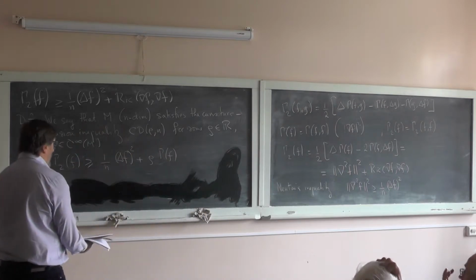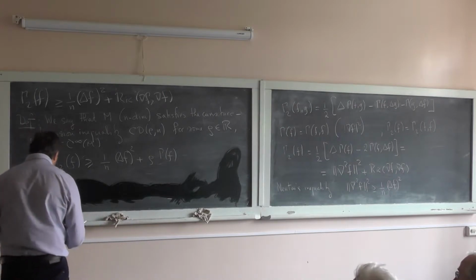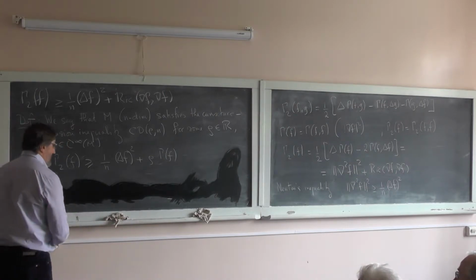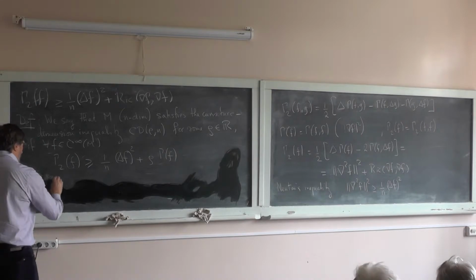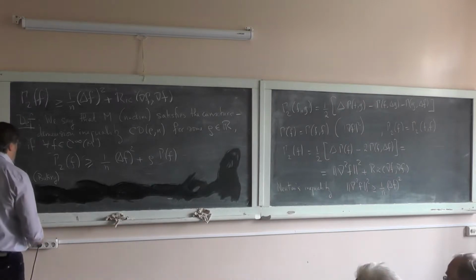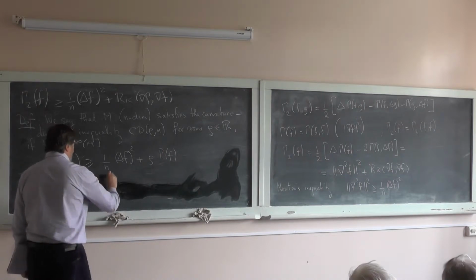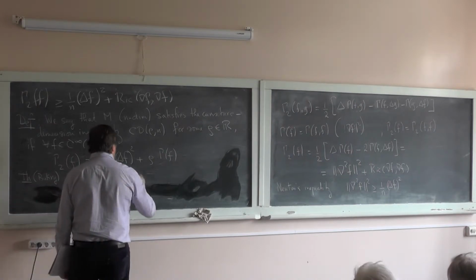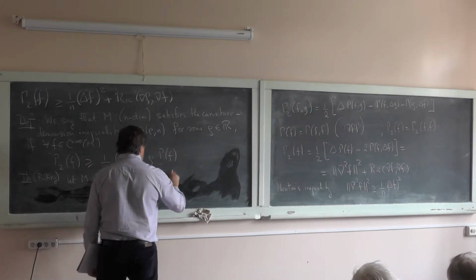And so as I said, the first result that I want to show you is the following theorem. This theorem is due to Dominique Bakry. And it's a very simple theorem, as you will see. Bakry says: let M be an n-dimensional Riemannian manifold.